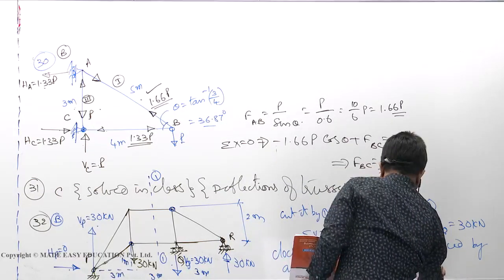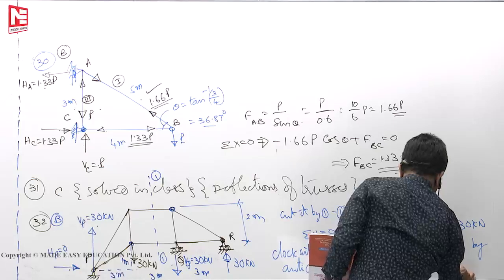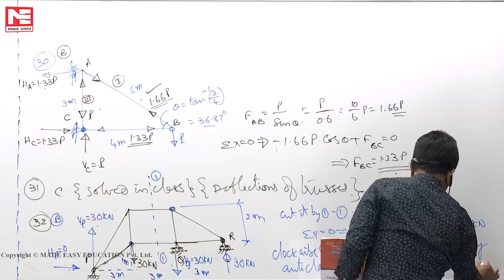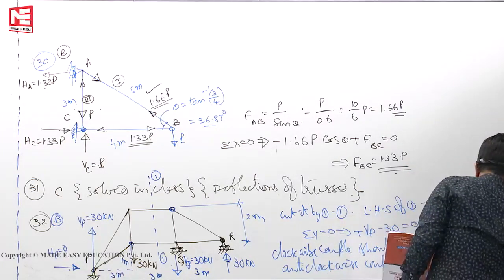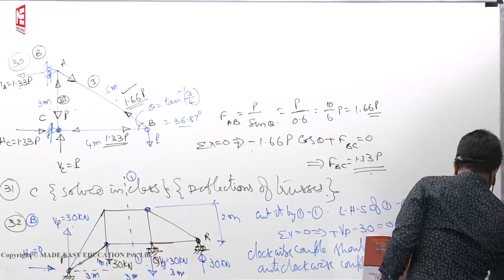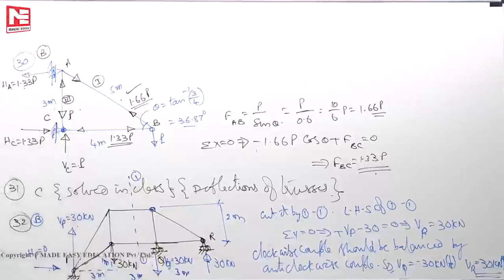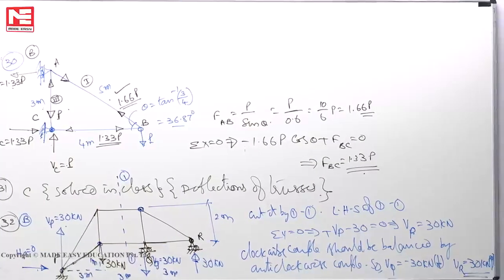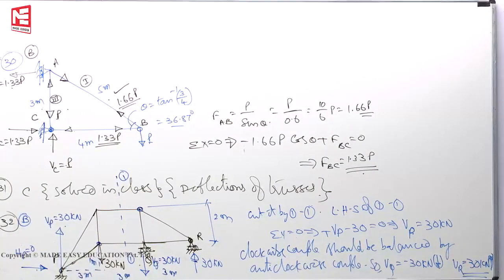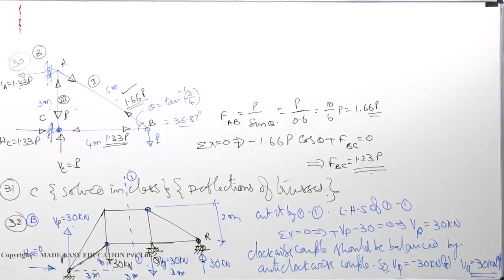So, Vq is equal to minus 30, means downward, Vr is equal to plus 30 kilonewton upward, like that. So, this will balance. So, 32 is over. Next 33. This is like assertion and reasoning type.